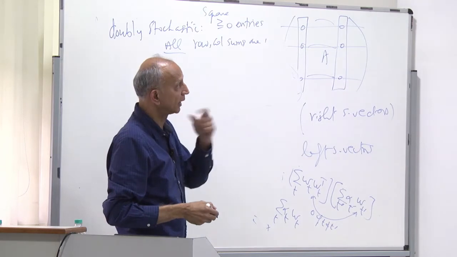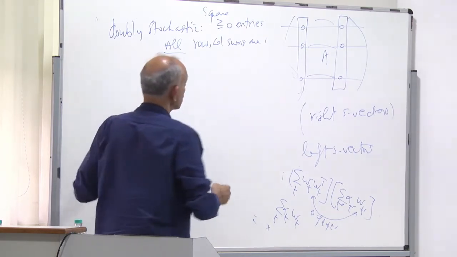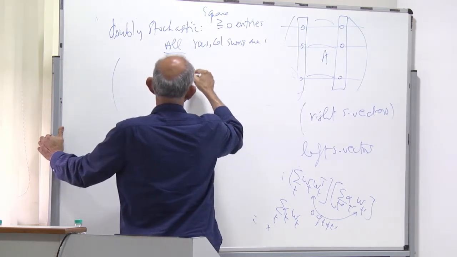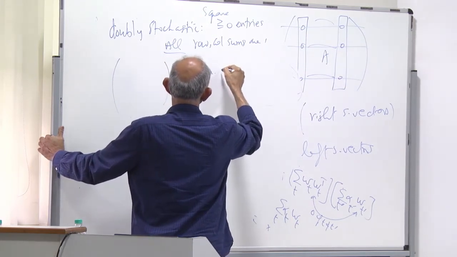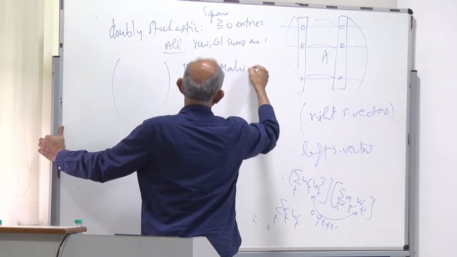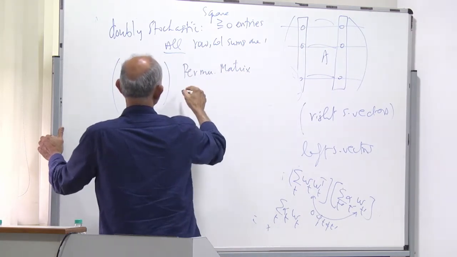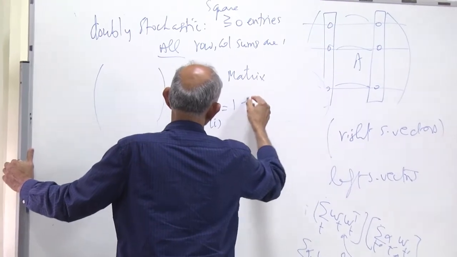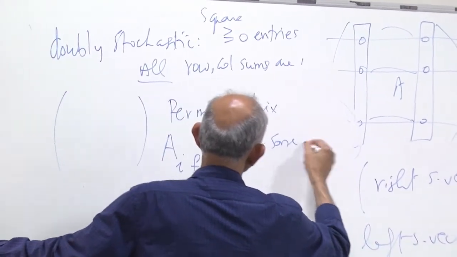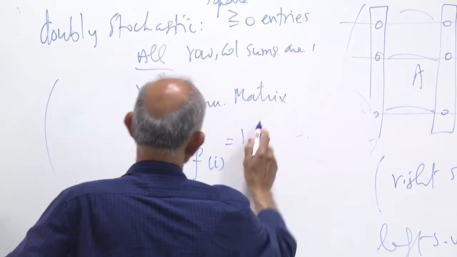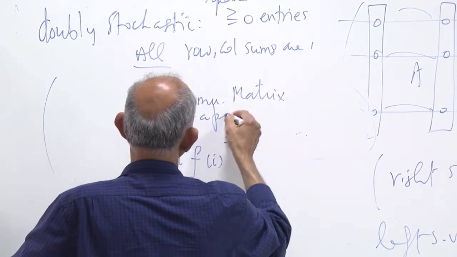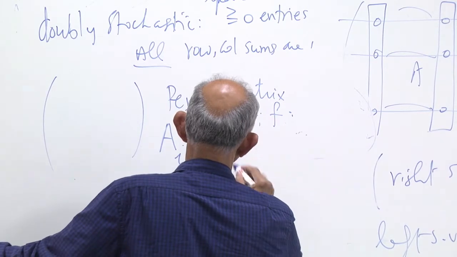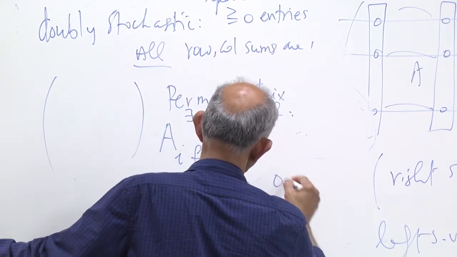And then the term permutation matrix just means a matrix with a single 1 in each row and column. So there's a permutation, right? There exists a permutation such that the entry is 1 at the permuted position and equal to 0 for all other entries.